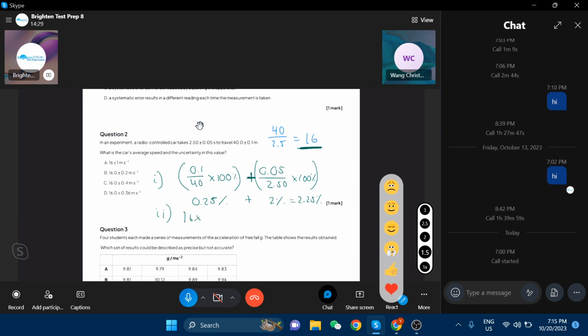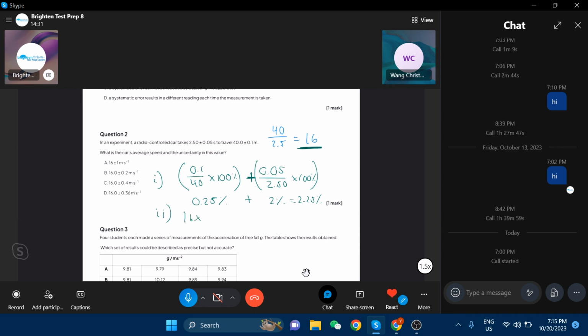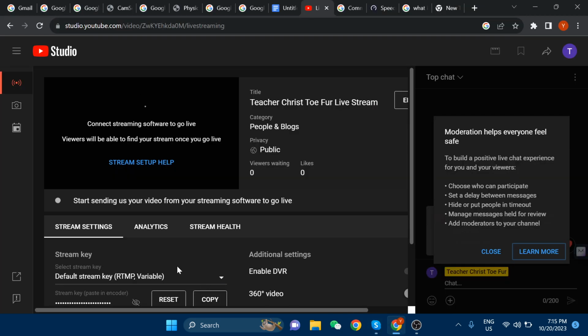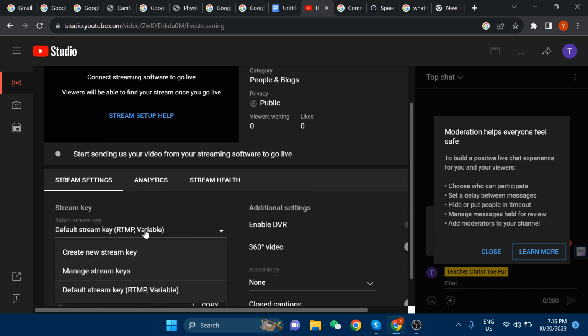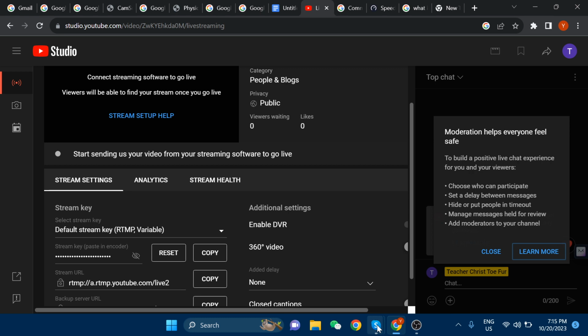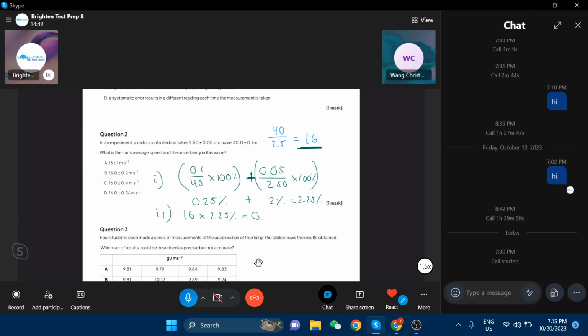So 16 times this, and we can write it as 2.25% or 2.25 over 100, never mind. And that's then 0.36.